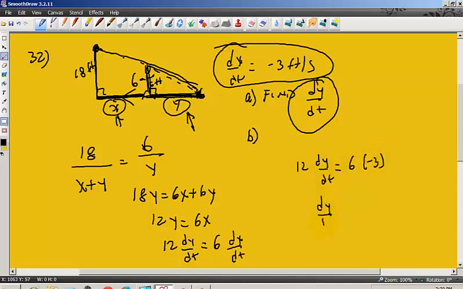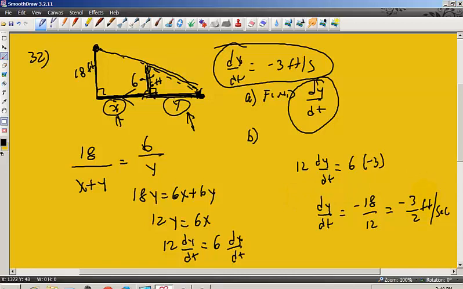So dy/dt equals negative 18 over 12, and that reduces to negative 3 over 2, in terms of feet per second. So this is the shadow. The shadow is shrinking at negative 3 halves foot per second.